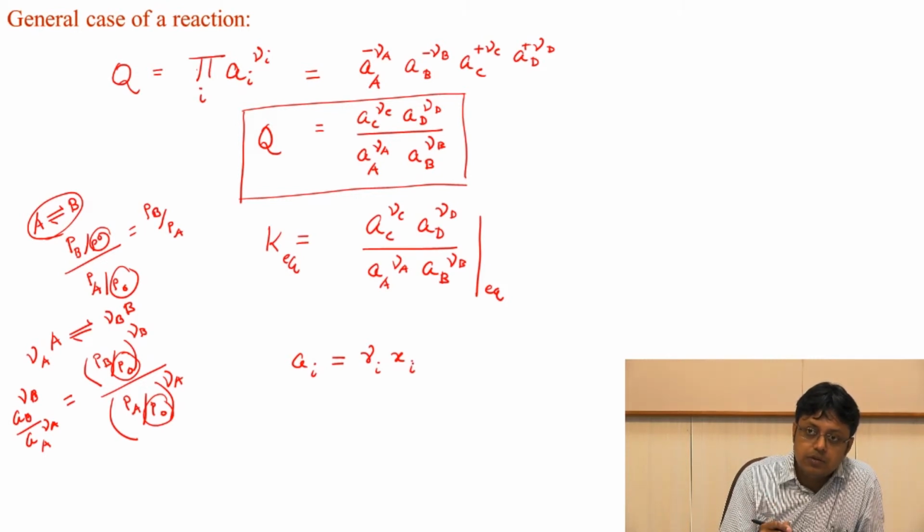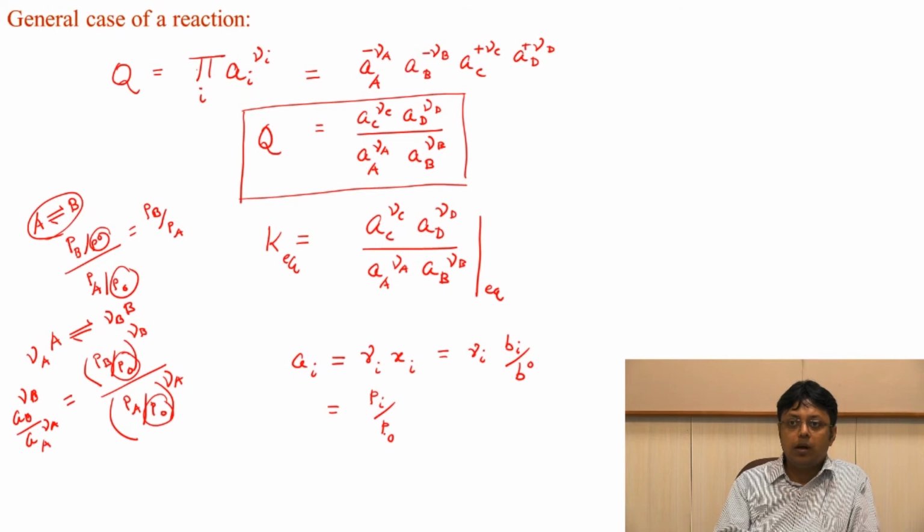For a dilute solution we can write it, or sometimes you write it in terms of molality also, where it is the activity coefficient times the molality Bi, divided by the standard state. Always you have to keep that in mind. Or in terms of pressure, we write it as the pressure of the constituent i divided by the pressure of the standard state, which is just 1 bar.